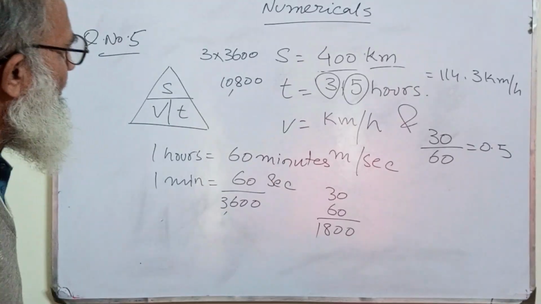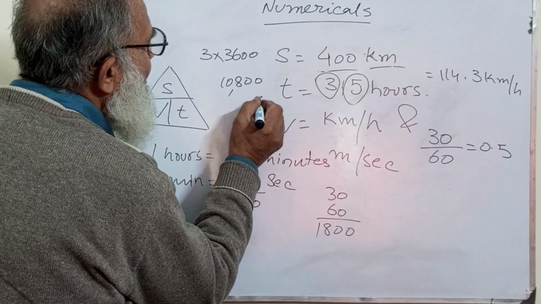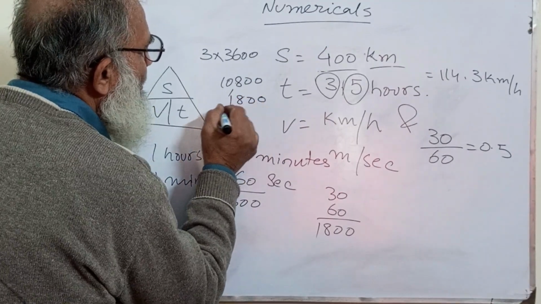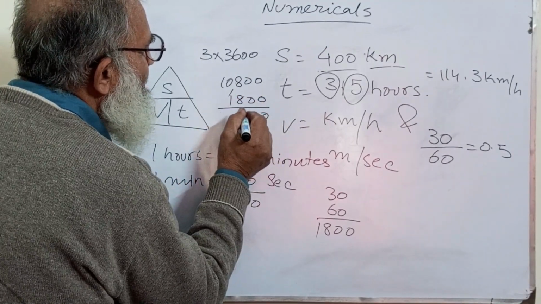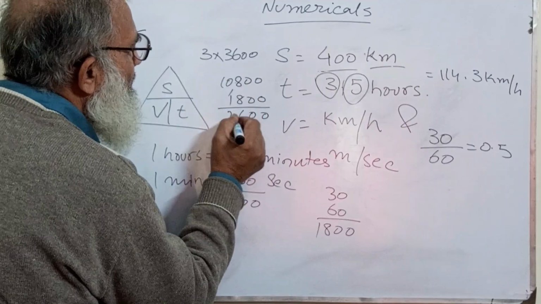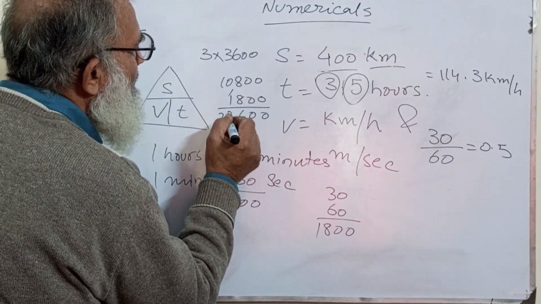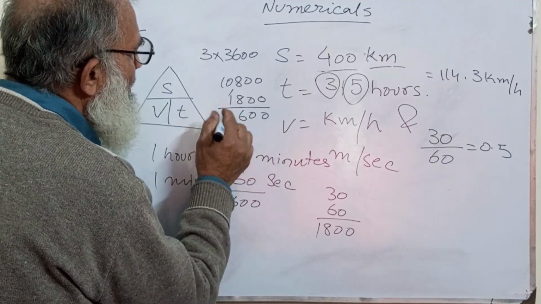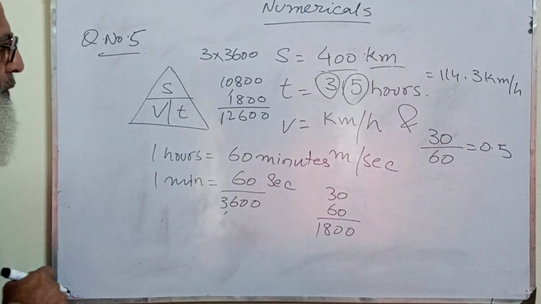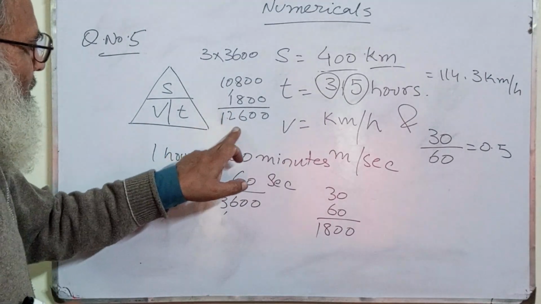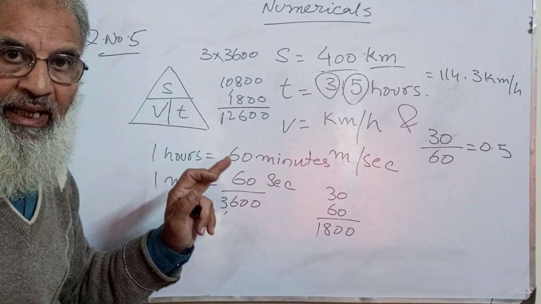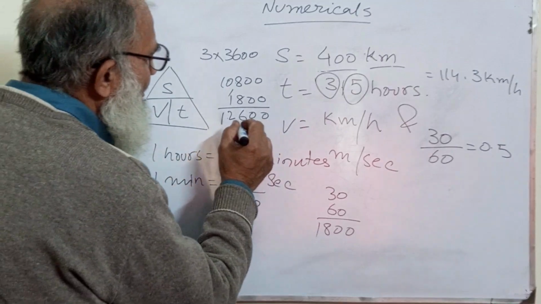So it will be 1800. So just add these 1800 also over here. So it will become 12,600 seconds.